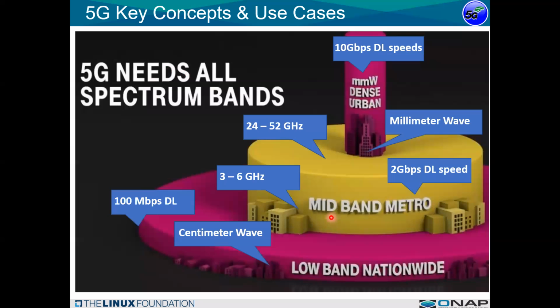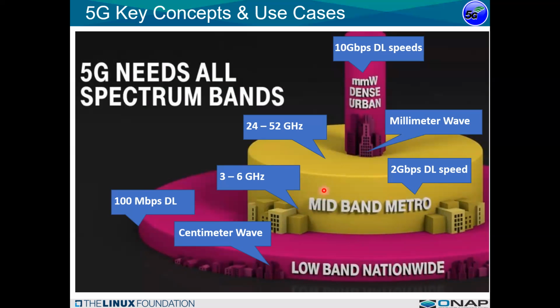So 5G has three basic bands that the standards and devices, 5G base stations, will operate in. Different countries will open up different parts of the spectrum, but generally speaking, they fall into three basic categories. So sub-3, from below 3 gigahertz, is the centimeter wave.